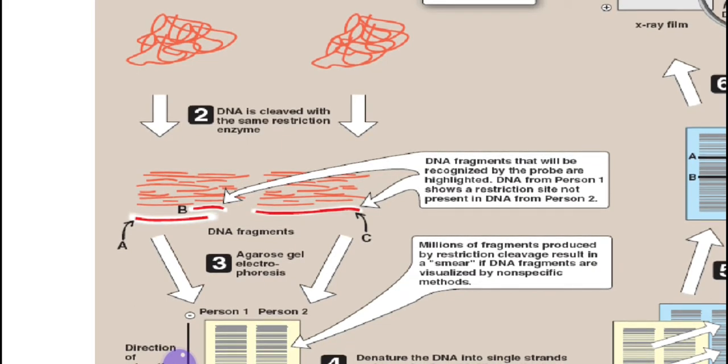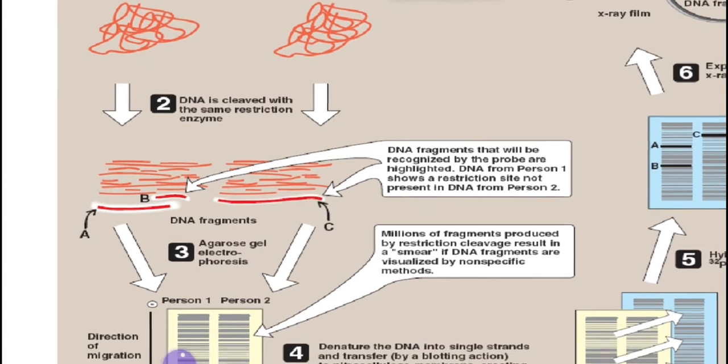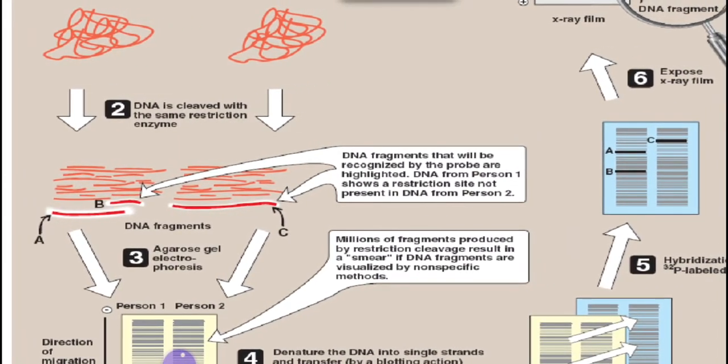The DNA fragments that will be recognized by the probe hybridize; DNA from person 1 shows a restriction site not present in person 2. Person 1 has an extra restriction site, so we obtain two types of fragments, and here we have only one type of fragment because this person lacks the restriction site which is present in person 1.